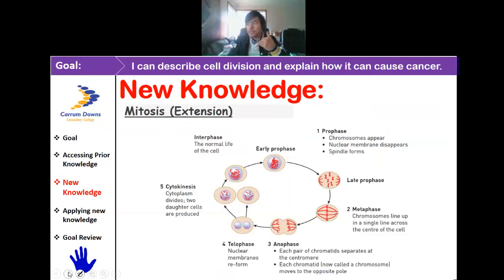It also goes through step by step all the stages of mitosis. You can see it's kind of like a cycle. Why? Because it happens every single day. Our body needs to repair itself every single day. The cells in our body get old, they die, and then we need new cells to replenish the dead cells. So this cycle happens every day.